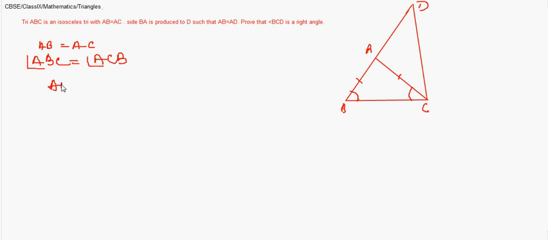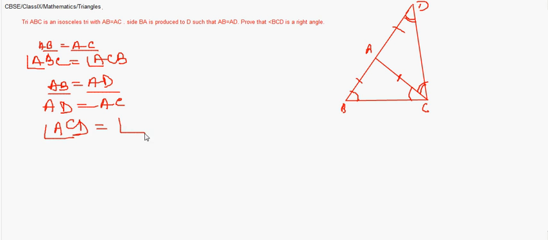Also, AB is equal to AD. Because AB was equal to AC, and AB is also equal to AD, AD is equal to AC as well. If AC is equal to AD, these two angles are again opposite to equal sides, so angle ACD is also equal to angle ADC. This was 1 we got, this is 2 we get.